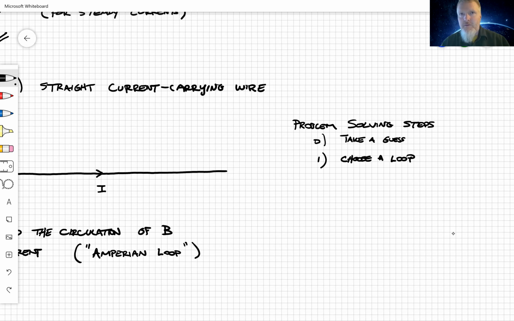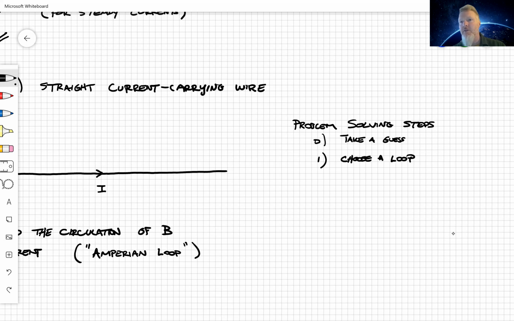Circles are always, well, no, they're not always. They're usually reasonably good, but look at the symmetry. You didn't always choose spheres for Gaussian surfaces, right? Sometimes we chose little rectangular prisms, and sometimes we chose other stuff like cylinders. So we're not always going to choose a circular loop.